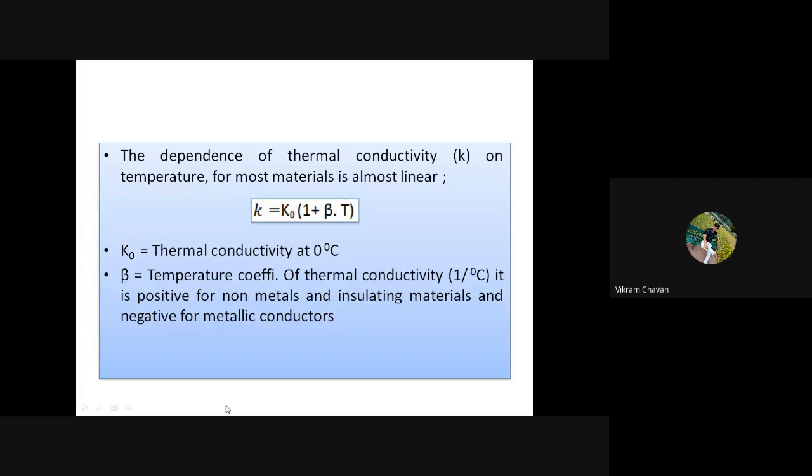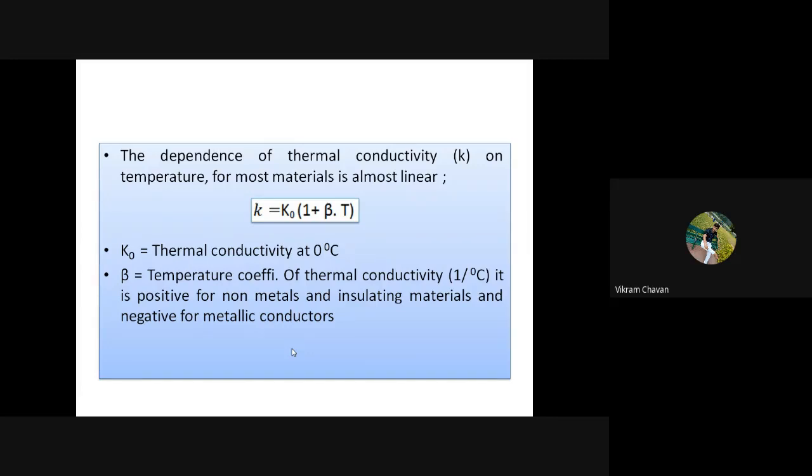Here K naught is equal to thermal conductivity at 0 degree Celsius, and beta is equal to the temperature coefficient of thermal conductivity.